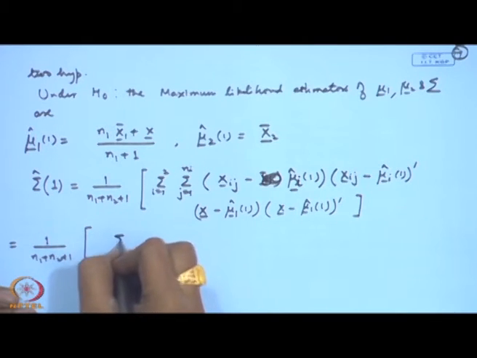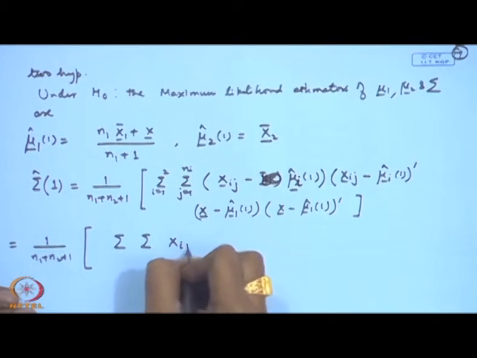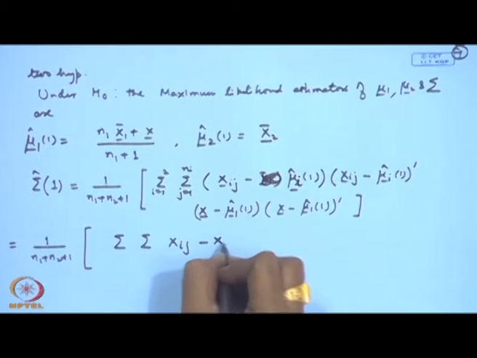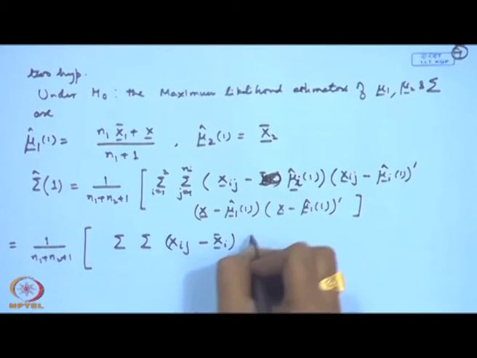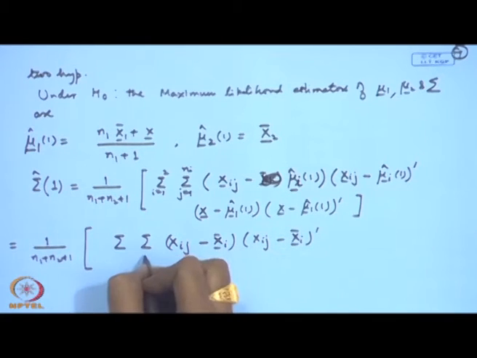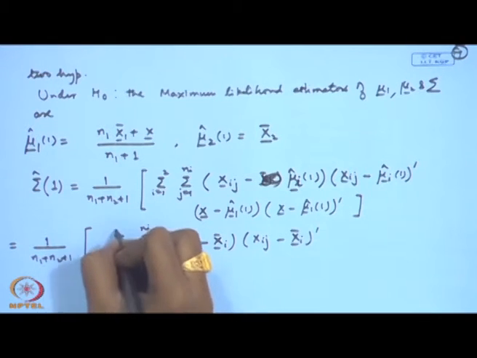It becomes the sum of (x i j minus x i bar)(x i j minus x i bar) transpose, j equal to 1 to n i, i equal to 1 to 2.